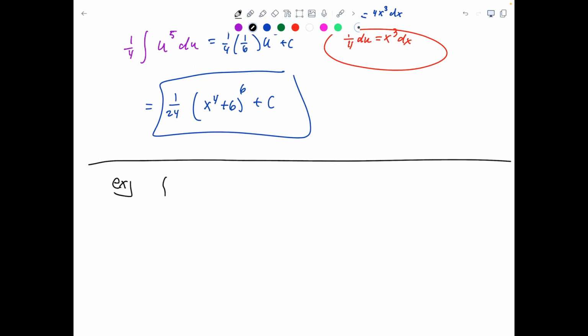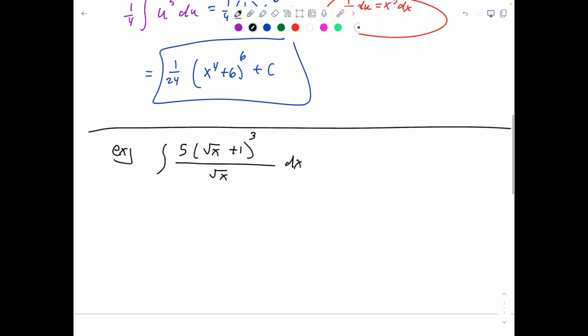So in this example, again, I want to do something a little bit different than what's on here. We'll have 5 times the integral of (square root of x plus 1) to the 3rd over the square root of x dx.